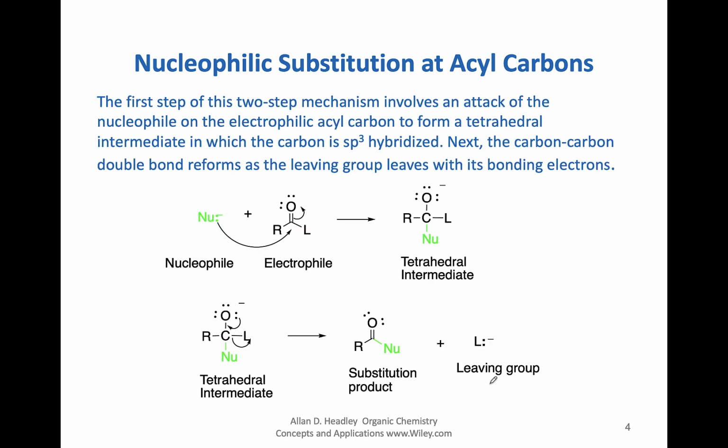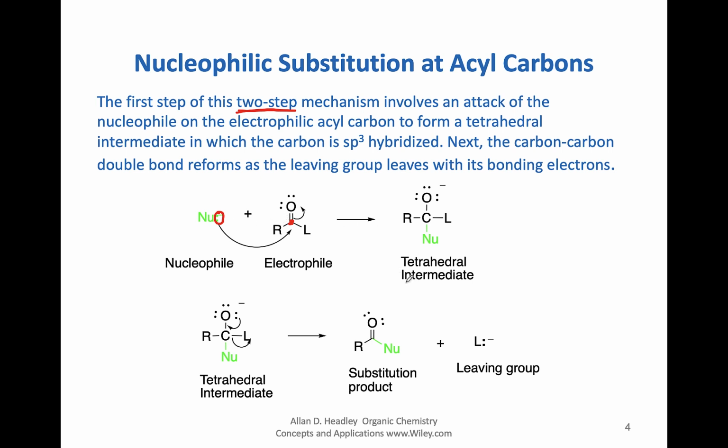Okay, so let us look at the mechanism. Again, the mechanisms are very important to explain certain observations. It's a two-step mechanism, two steps in this mechanism. In the first step, the nucleophile with its electrons attacks the carbon of the acyl group because it's partially positive.